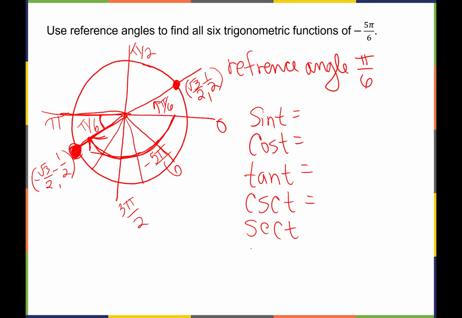Keeping in mind that t is minus 5 pi over 6. The angle that we're talking about is minus 5 pi over 6. So really I could replace all these t's with minus 5 pi over 6.